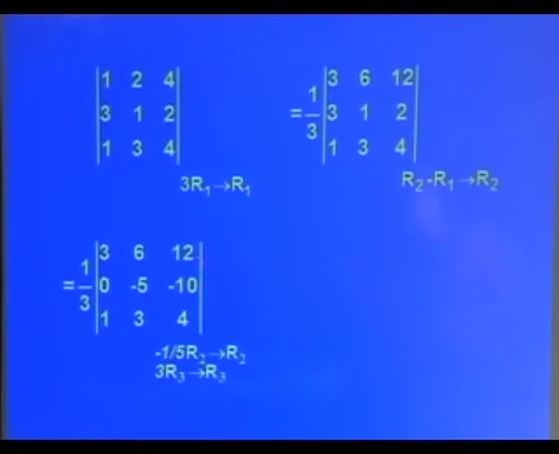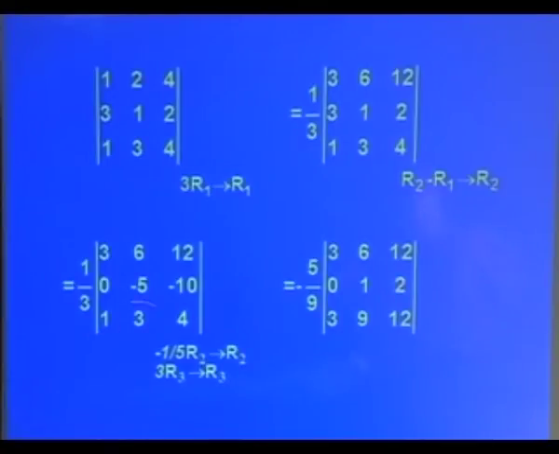On this determinant I will apply this elementary operation: the second row is replaced by minus 1 by 5 times R2. Since I am multiplying by minus 1 by 5, minus 5 will appear outside, and the second row will become 0, 1, because minus 5 has been taken out, and 2 here.